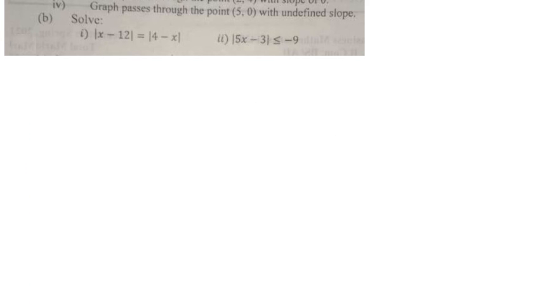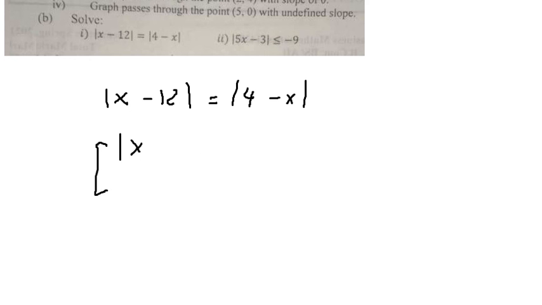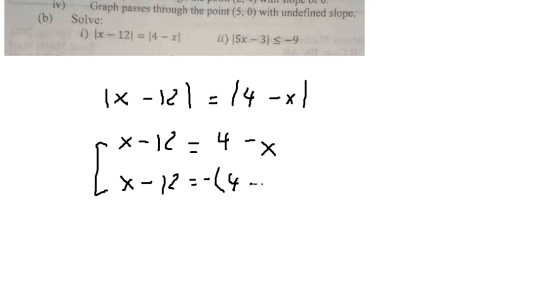Now let's go to the next one, the absolute value. If we have the absolute value on both sides in here, we got two equations. That's x minus 12 is equal to 4 minus x, and x minus 12 is equal to negative of 4 minus x.